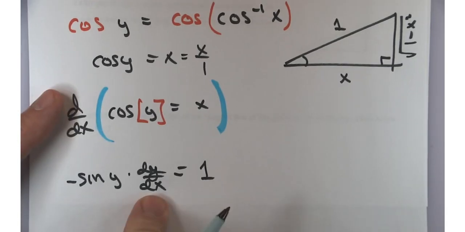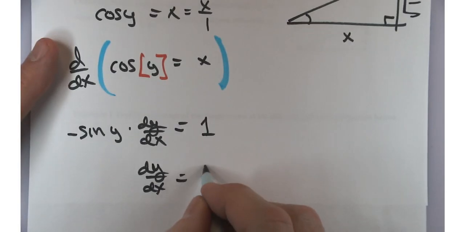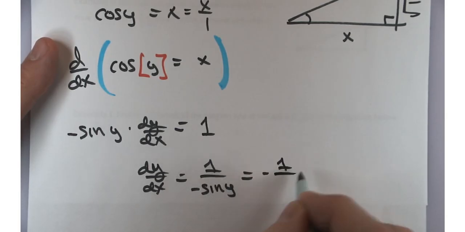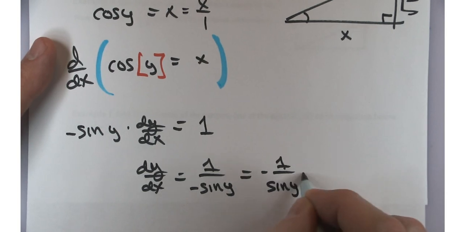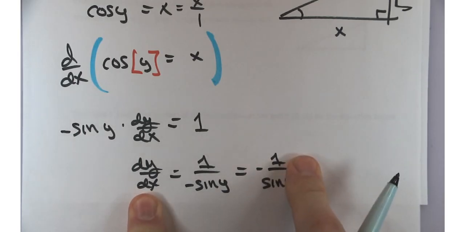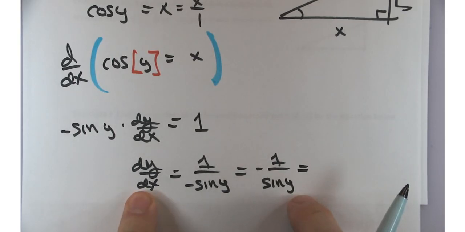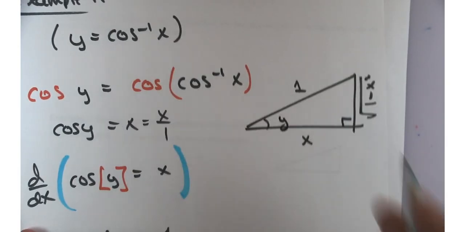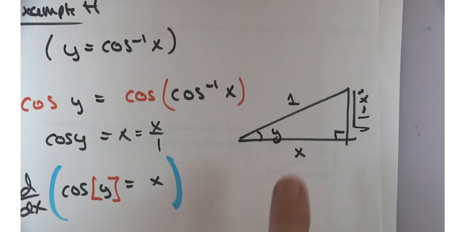If I want to solve for sine of y, or excuse me, not sine of y, but dy by dx, it's just a matter of dividing both sides by minus sine of y. Or I can put the minus sign out in front. The unfortunate part is that this is now defined not explicitly, but implicitly, because I've got y involved here. But let's go back here and put a y in here. Can anyone tell me what the sine of y would equal?